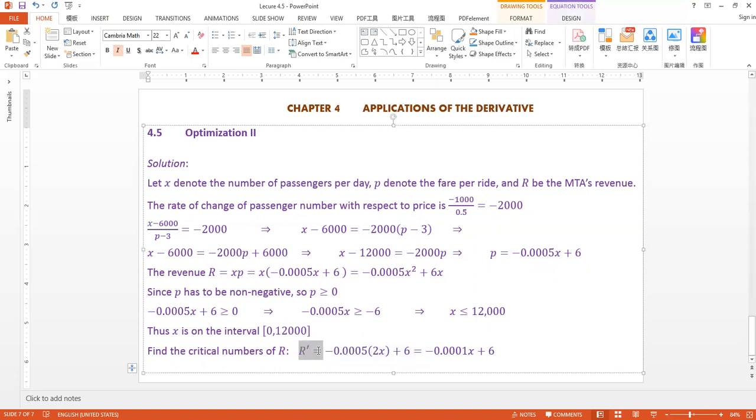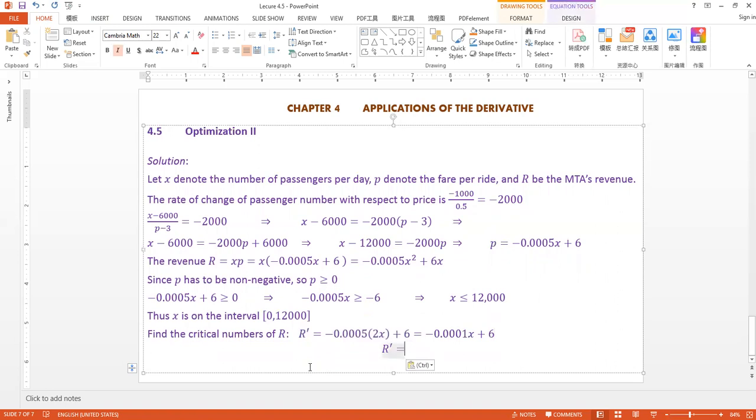So this is R prime, negative 0.001x plus 6. Set that equal to 0, and you can easily solve this equation.